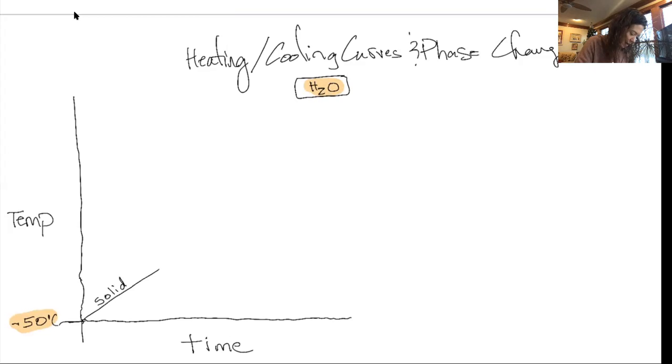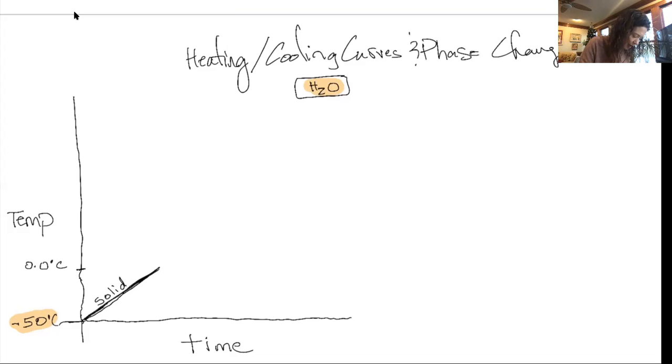Time is passing and I'm heating it up. How do I know that? Because the temperature is rising. You've got a piece of ice that's getting warmer, but it's still ice. Once that temperature reaches 0 degrees Celsius, what's going to happen?